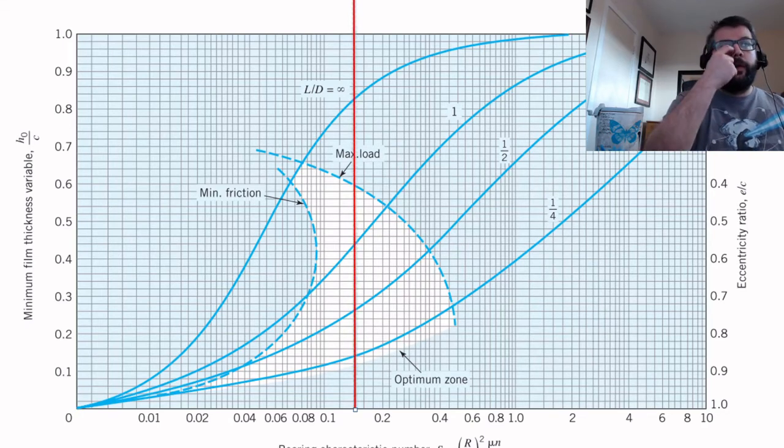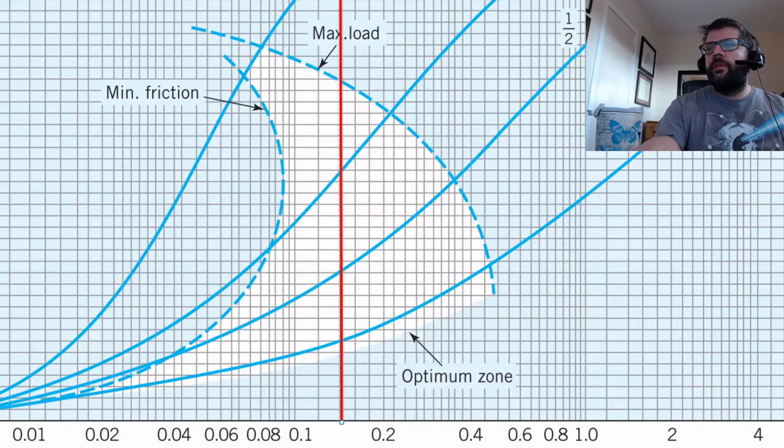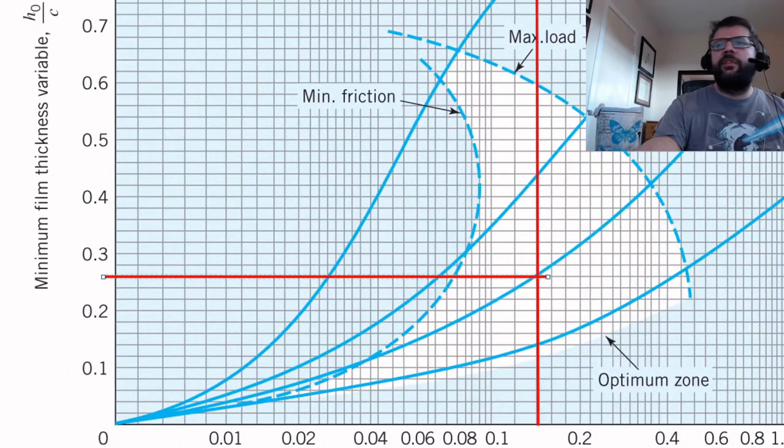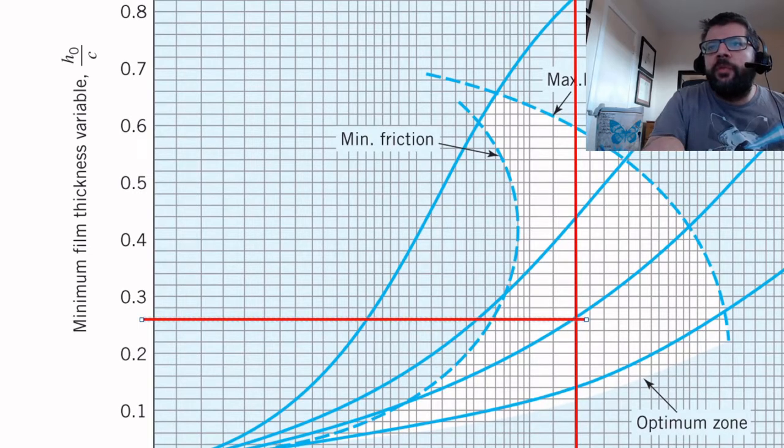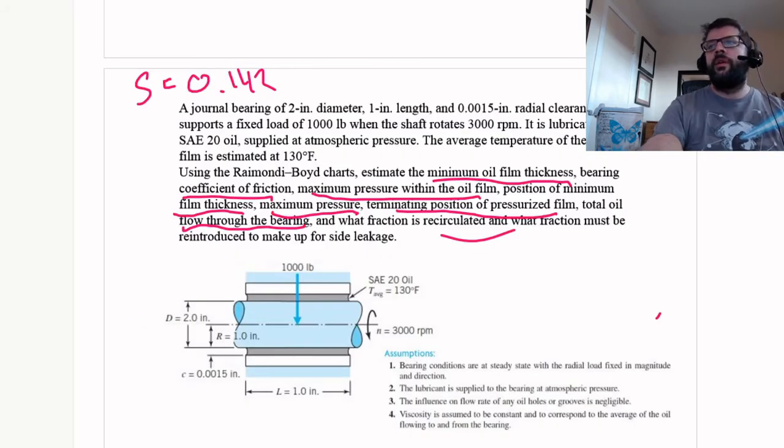And we are working with a length to diameter ratio of half, so we're basically at this line right here. That corresponds to a minimum film thickness variable, H0 over C, of 0.26, looks to me. So H0 over C is equal to 0.26.